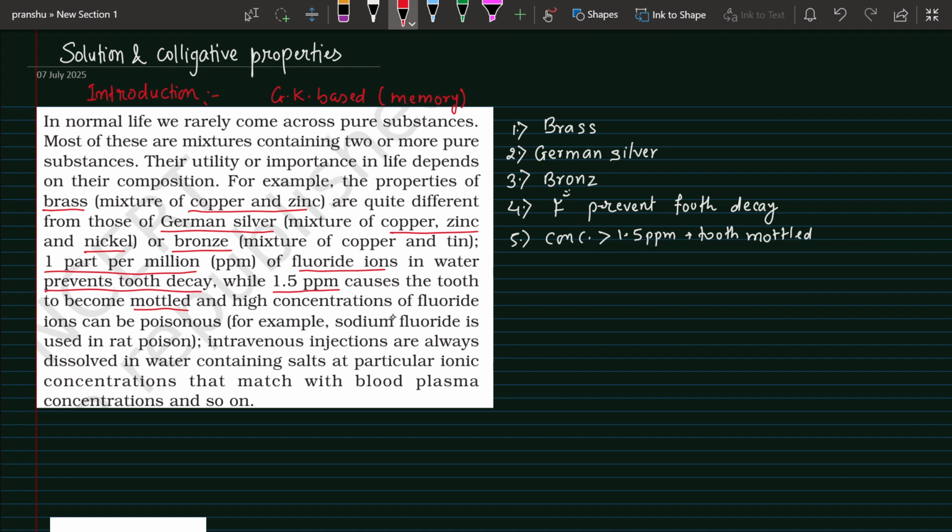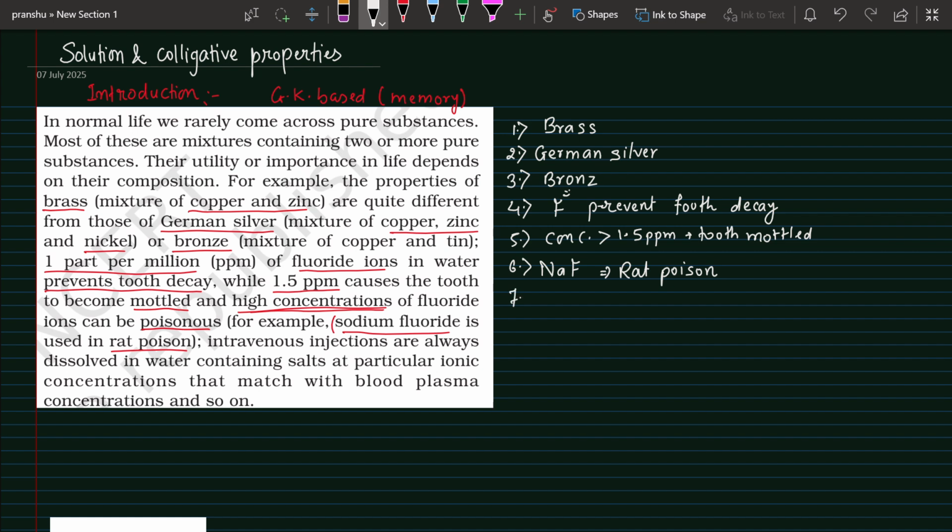An even higher, very high concentration is a poisonous compound. For example, sodium fluoride is found in rat poison.